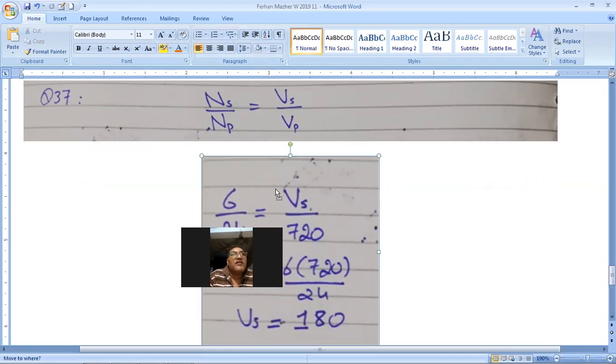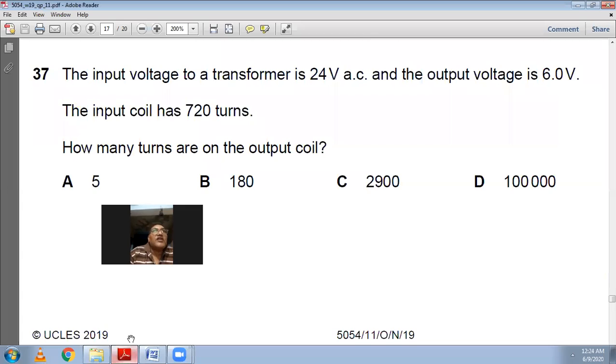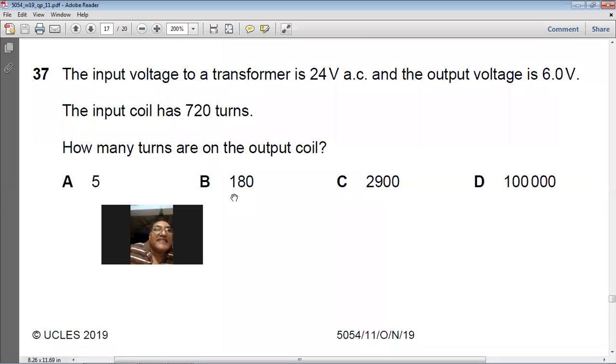This is a mistake, okay? This should be NS, number of the turns in the secondary. By mistake, I wrote VS. So 180 is the answer.